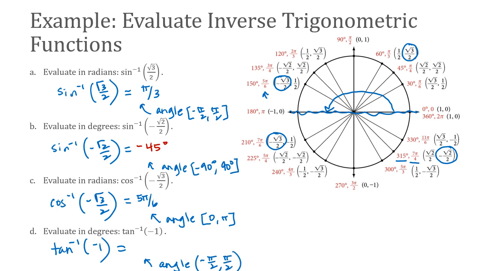And so to have a negative 1 output, that's going to be where your sine and cosine are the same values, but opposite. And so that occurs down in the fourth quadrant at 7π/4 or 315 degrees. And I'm going to call that negative 45 degrees to make sure that I don't cross over that border.